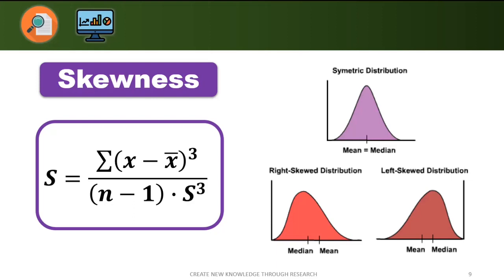So when skewness is less than or greater than 0, we can say that the median is considered to be a better representation of the midpoint of the distribution and not the mean.